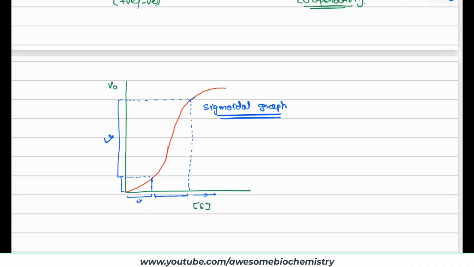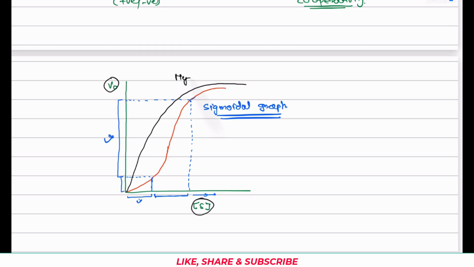Now if it is a non-allosteric enzyme, this V0 versus substrate concentration graph we had seen earlier in one of my previous videos, and in the case of a non-allosteric enzyme, the shape is going to be like this. This is the hyperbolic curve, and it is seen in the case of a non-allosteric enzyme, whereas this sigmoidal curve is seen in the case of an allosteric enzyme.